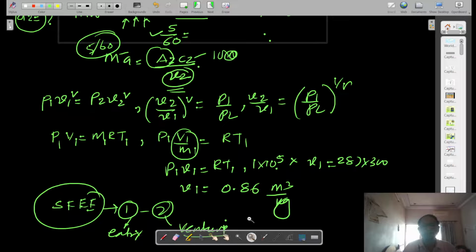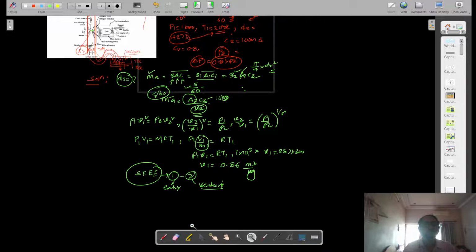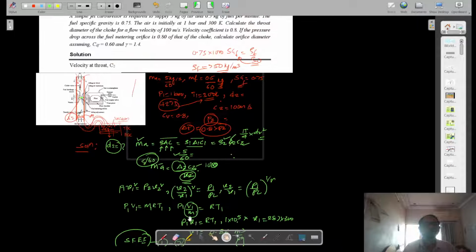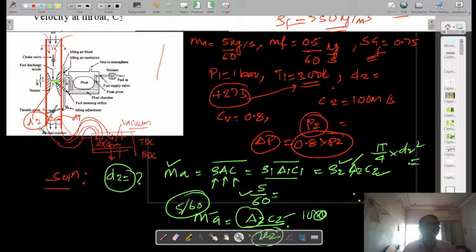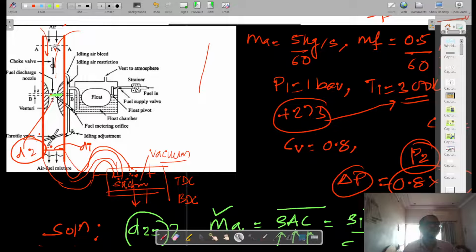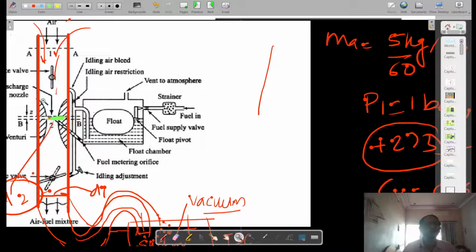I am showing you this again clearly here. Where do we need it? We need it here. See where the entry is. This portion is the entry, and this portion is the venturi.